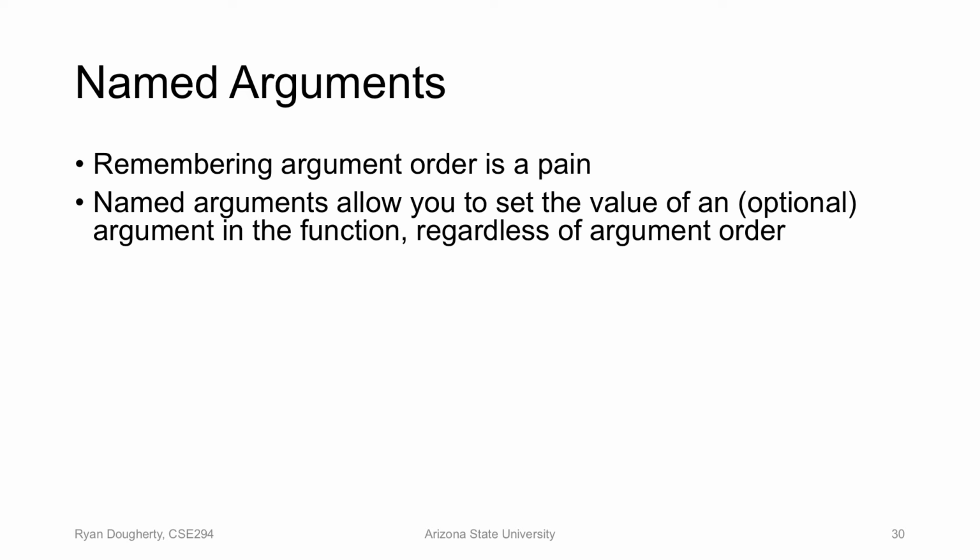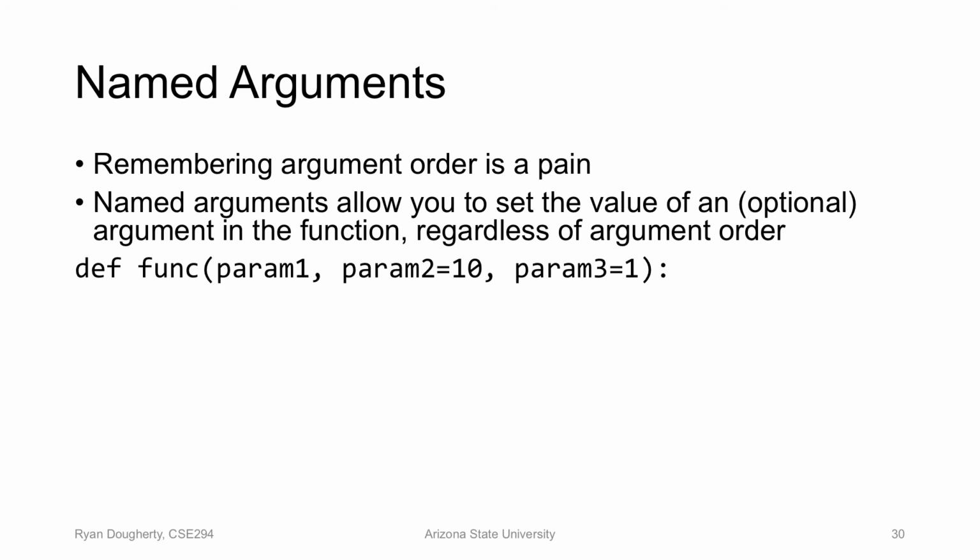But if you want to assign directly to it, when you call it, you say the name of that optional variable equals the value that you want. So just as an example, this is my function which takes in one mandatory argument, but it can take in 2 more if necessary. So param1 is obviously required, param2 has the default value of 10, param3 has the default value of 1. But I could change those if I wanted to.